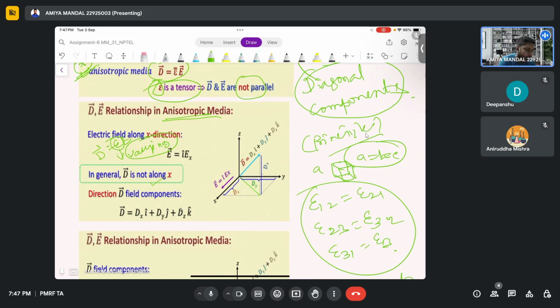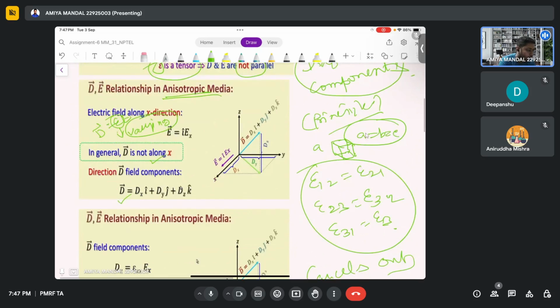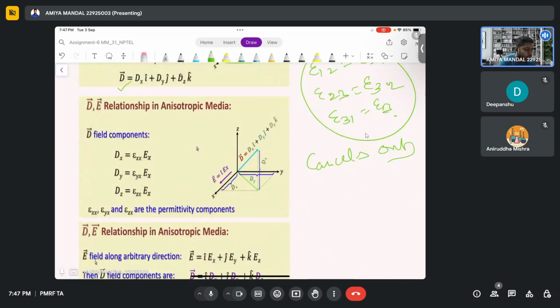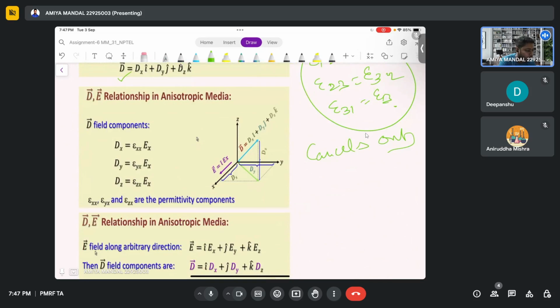So D is not along x. D will vary in the Dx, Dy, Dz directions. Dx is not simply epsilon into Ex. It is epsilon xx into Ex, epsilon yx into Ex, epsilon zx into Ex.